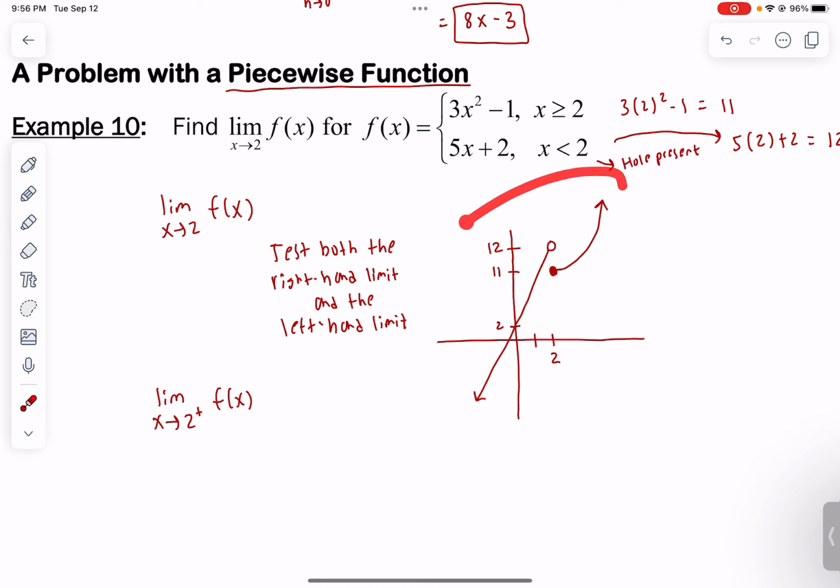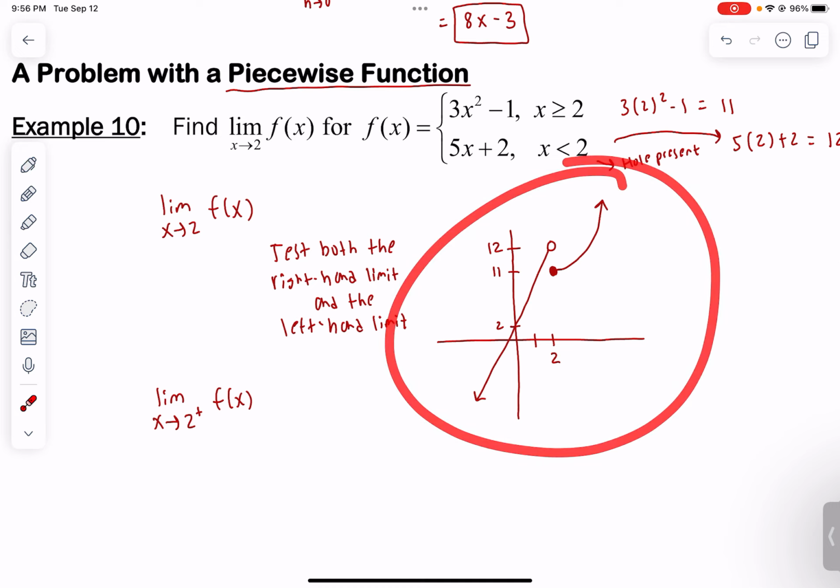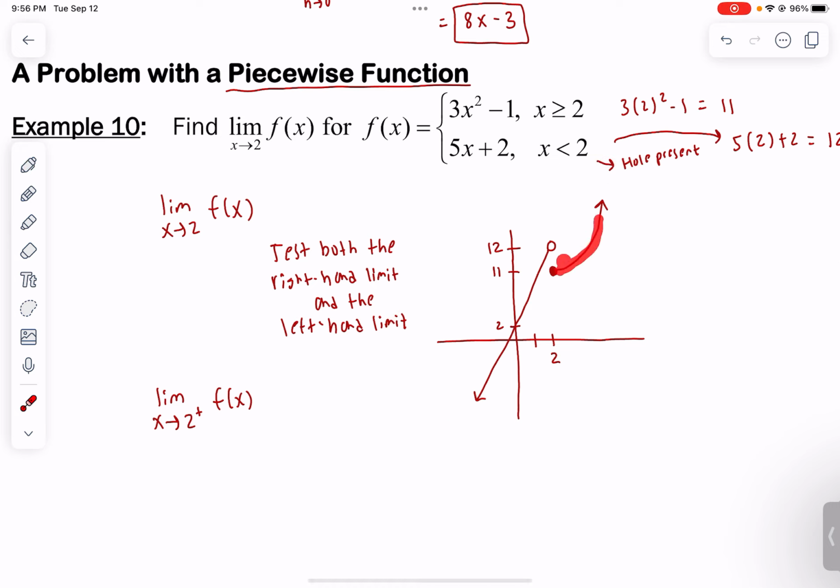If we look at our sketch here, when we're coming from the right-hand side, what y value are we approaching? Notice that when we're coming from the right-hand side towards 2, we're on this quadratic function. So as x approaches 2 from the right-hand side, we plug in this 2 into our quadratic function, and that'll just be equal to 11. Okay.